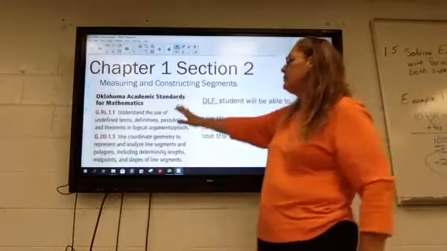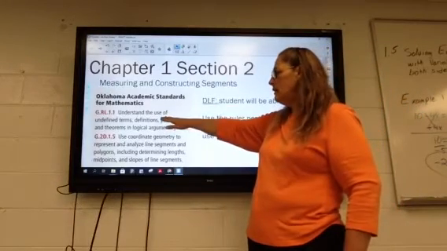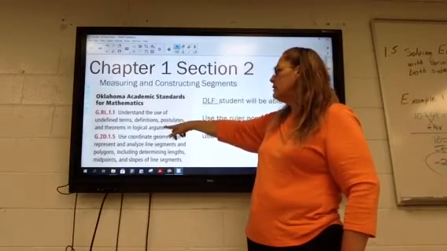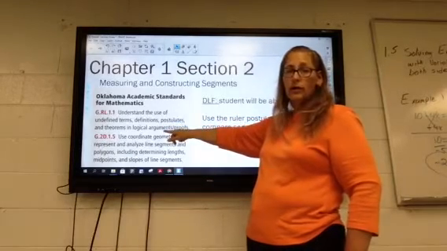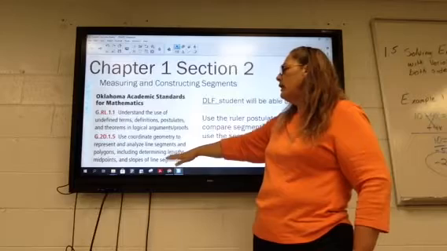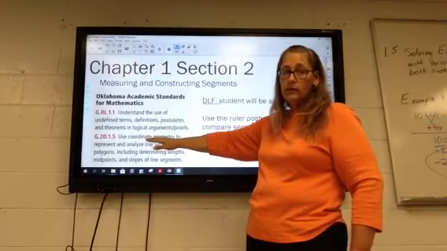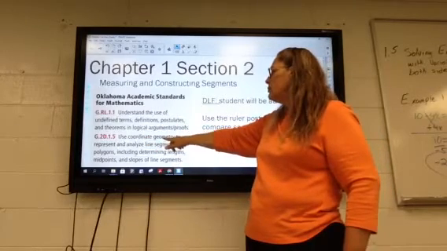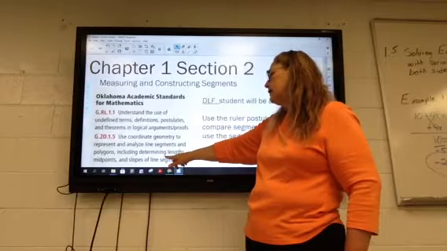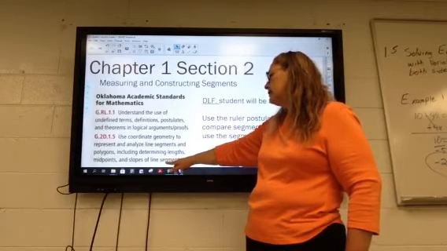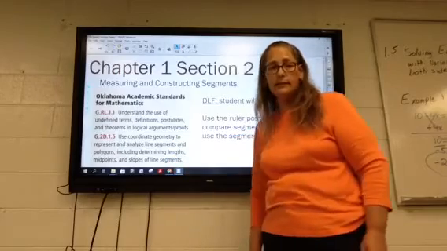Alright, so our academic standards on what we're doing is, again, 1.1, understand the use of undefined terms, definitions, postulates, and theorems, and logical arguments and proofs. We're going to add two-dimensional: use coordinate geometry to represent and analyze line segments and polygons, including determining lengths, midpoints, and slopes of line segments.